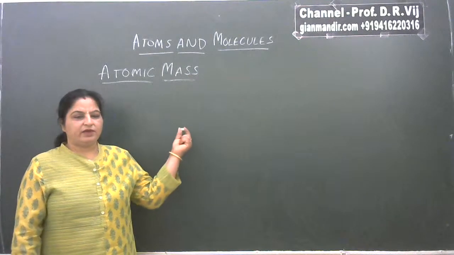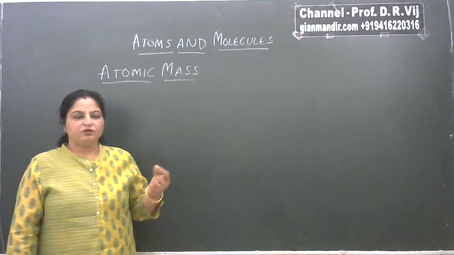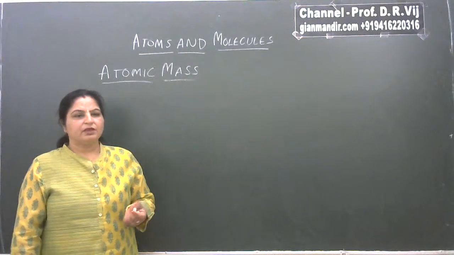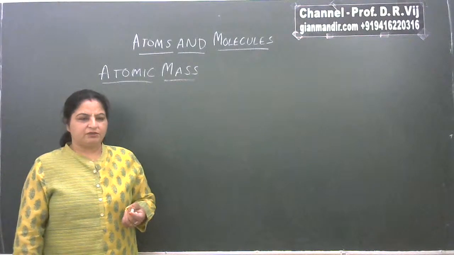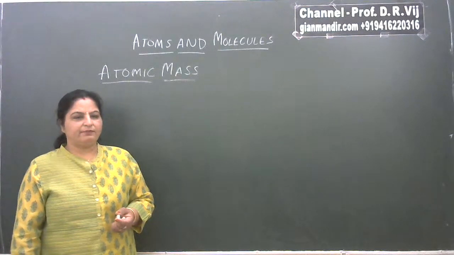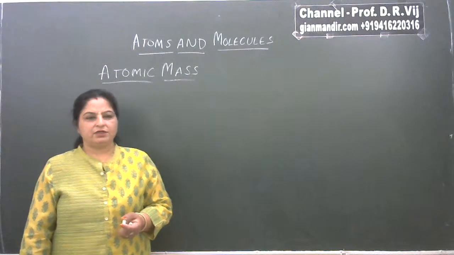So that's why different scientists were prompted. They started working towards the measurement of atomic masses of the elements. So today our discussion is based on the measurement of atomic masses, molecular masses and formula unit masses, and how these can be calculated, right?